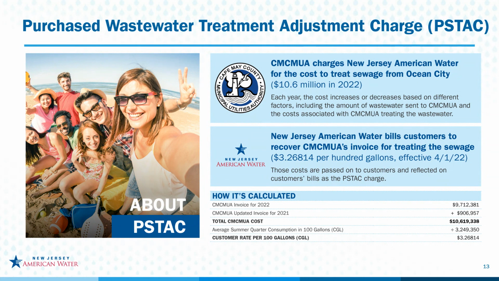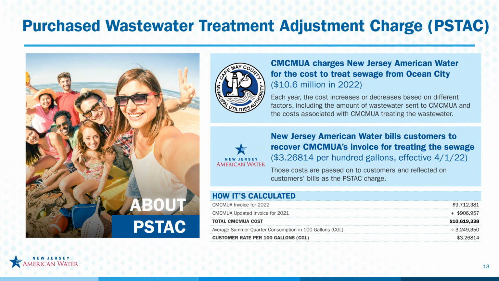So the cost of treating the wastewater for Ocean City is only shared amongst the Ocean City residents. As of the end of April, there were approximately 15,600 Ocean City customers.